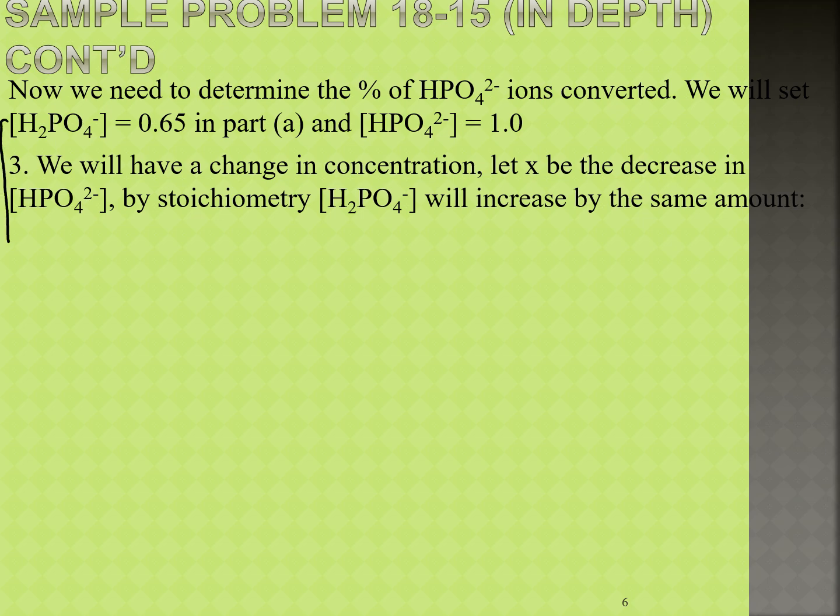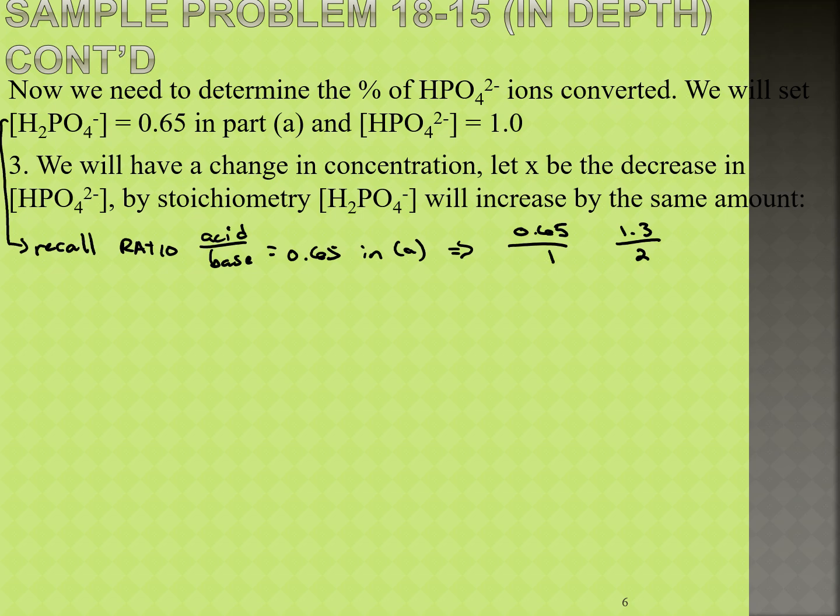If we recall, the ratio of acid to base was equal to 0.65 in part A, and so I can write that as 0.65 divided by 1. I could really write that in a lot of different ways. I could write that as 1.3 divided by 2. That's the same ratio, but I like to deal with the number 1 in places if I can, so I'm going to write it like this.